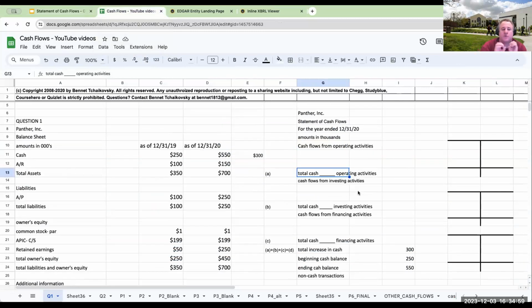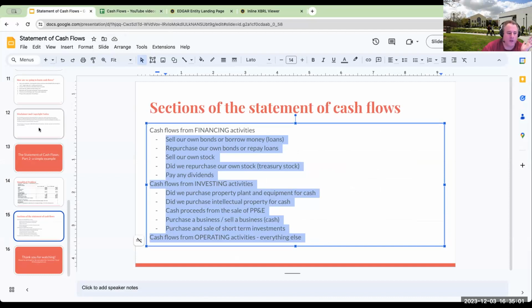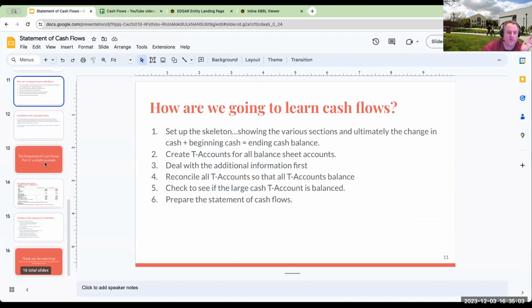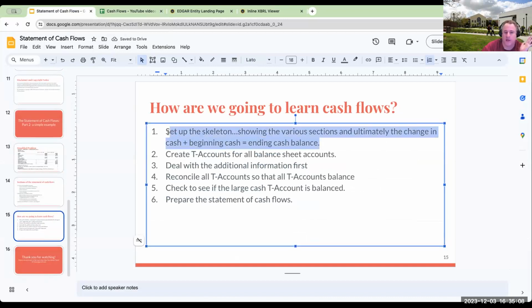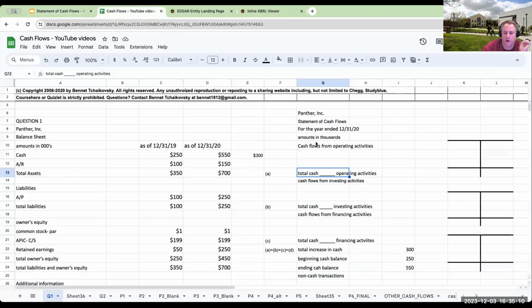We've done our first step right over here. Our first step is how we are going to learn it. We set up the skeleton: operating, investing, financing. What you're going to notice is I'm saying total cash blank investing activities.